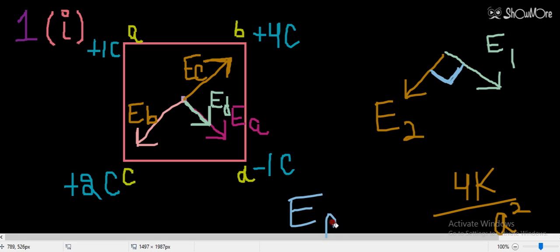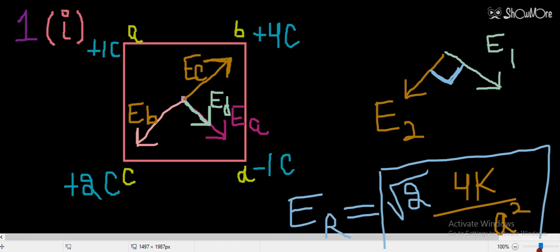The resultant is under root 2 times any one of them. So here it is under root 2 times 4k by a square. This will be the resultant electric field at this particular point in the first question.